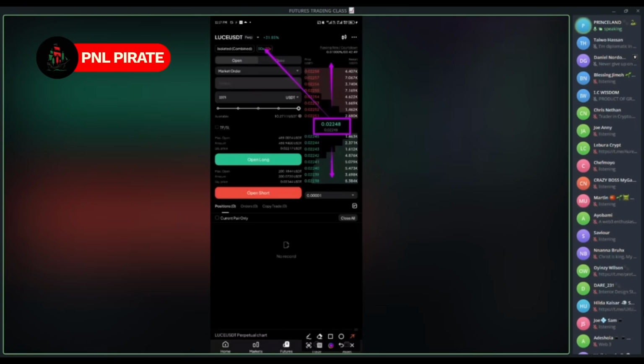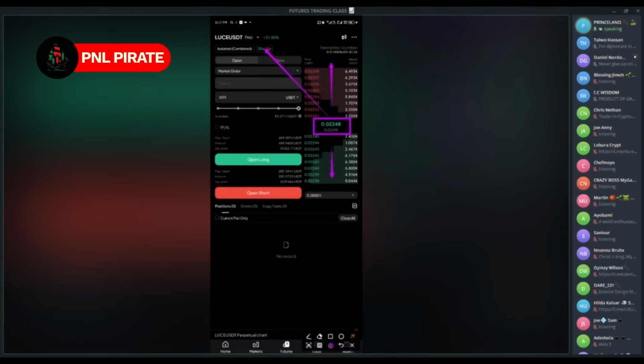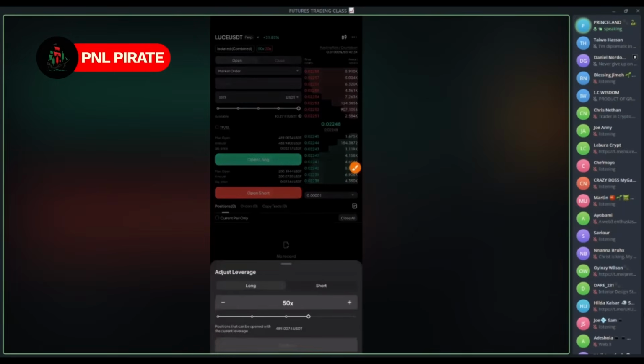So a good trader who wants to make profit will use lower leverage. Why? Because he wants to minimize losses and apply risk management. So for me, I always use 20, but for you, I will tell you what to use. Use 10. And when you want to use 20, I can also tell you when to use 20.